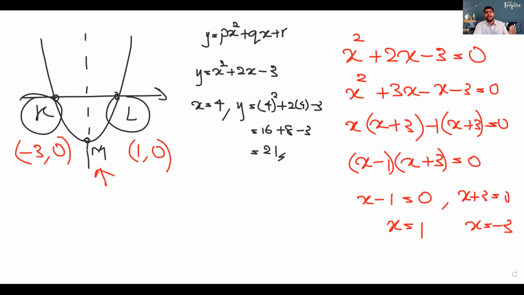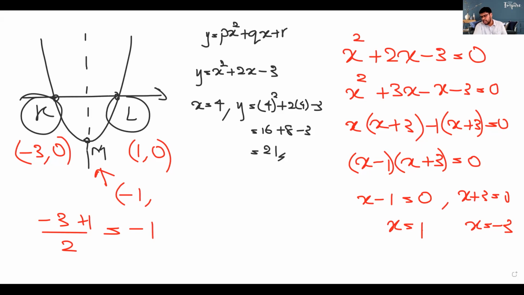To find the x-coordinate of the turning point, you take the average of negative 3 plus 1, which gives us negative 1. That means the x-coordinate of M is negative 1. So then you can substitute negative 1 into the equation and find the y coordinate.